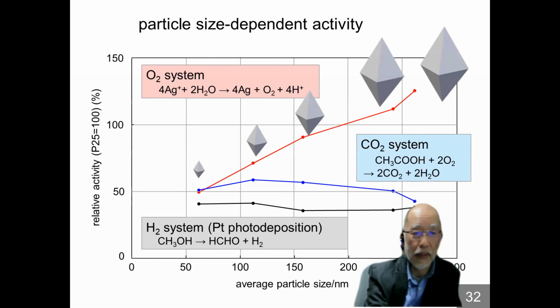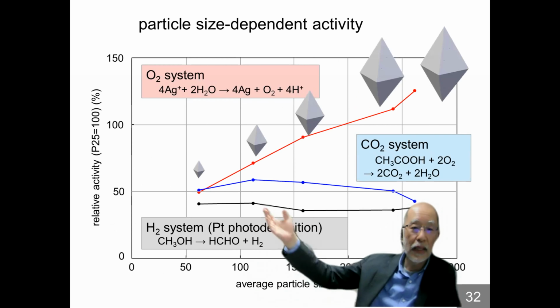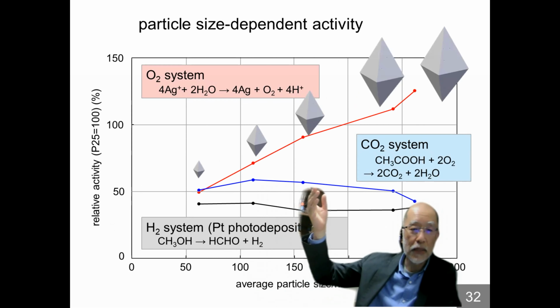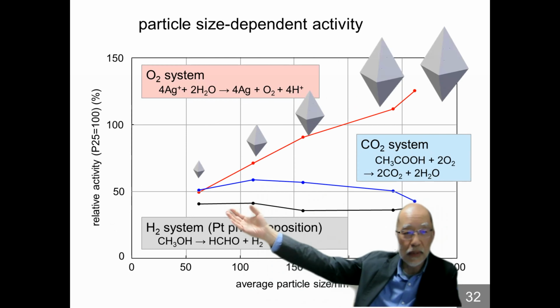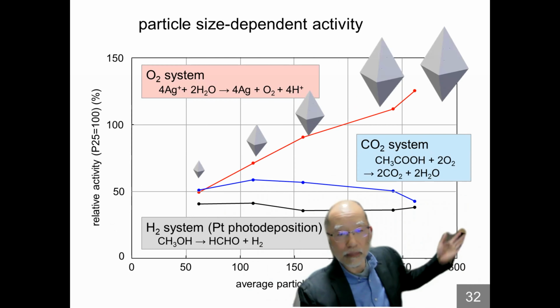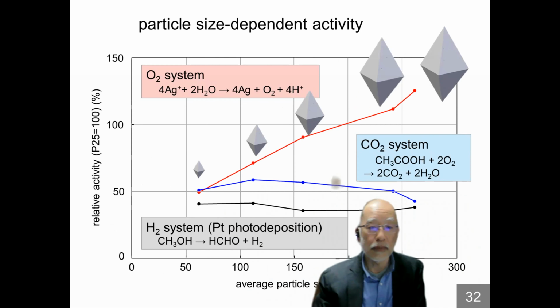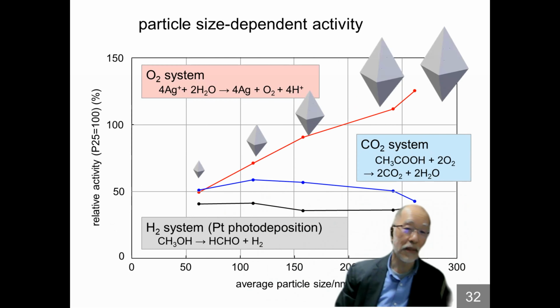And then these are the results. For hydrogen evolution from methanol and carbon dioxide production from acetic acid, there is almost no particle size dependence. The average size from about 60 nanometer to more than 250 nanometer shows almost the same activity.